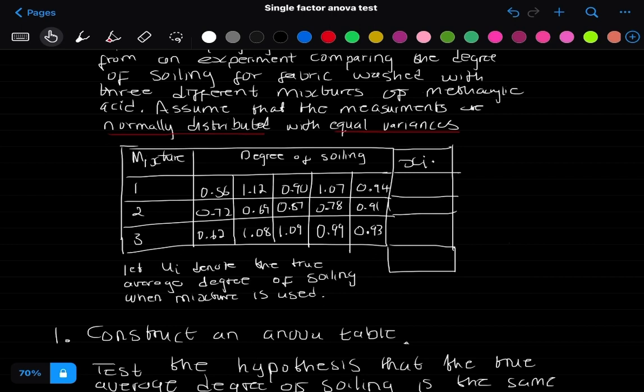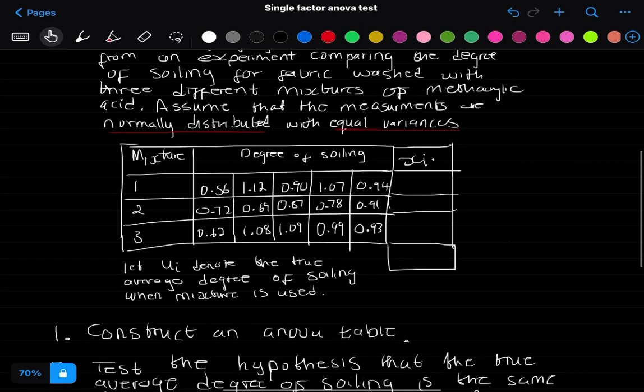So the first row is 4.59. Then second row, now it's 3.97.